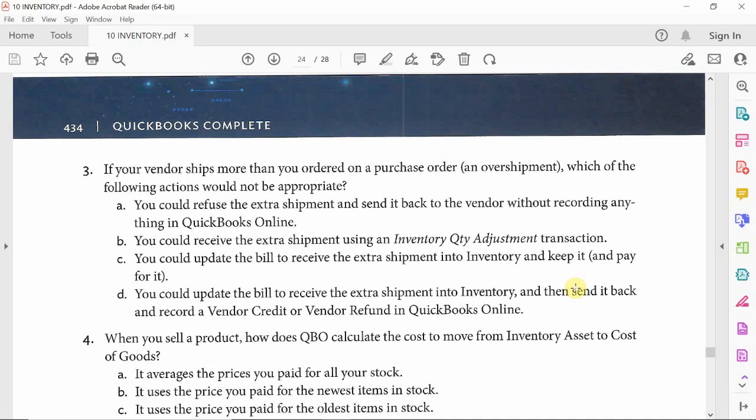Or would you do letter C? You could update the bill to receive the extra shipment into your inventory and keep it and, of course, pay for it. Or D, you could update the bill that you received the extra items and then go ahead and request the vendor to give you a vendor refund in QuickBooks Online.